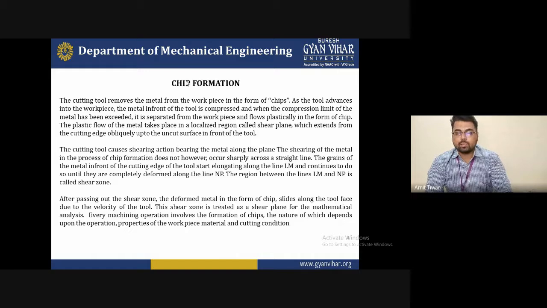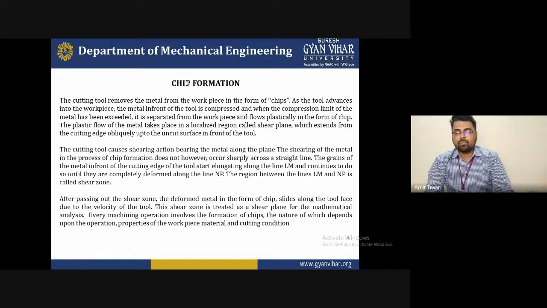The shearing of the metal in the process of chip formation does not, however, occur sharply across a straight line, and the grain of the metal in front of the cutting edge of the tool starts elongating along the line LM and continues to do so until they are completely deformed along the line NP.